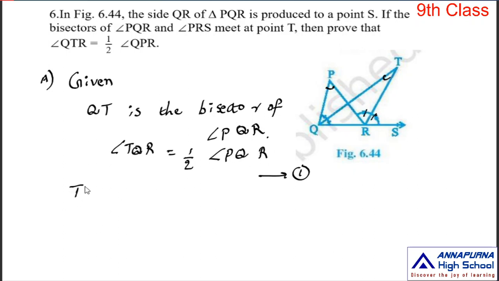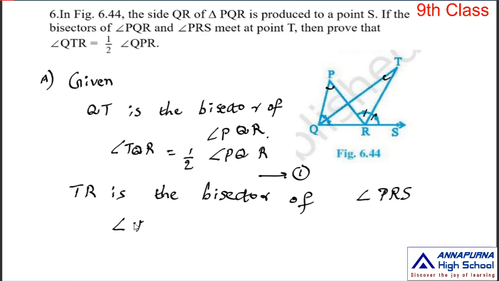TR is the bisector of angle PRS, so angle TRS is equal to half of the angle PRS. This is equation 2.